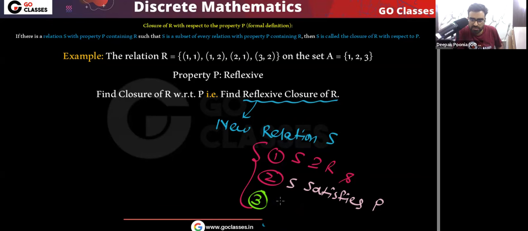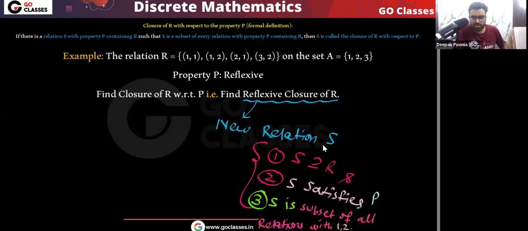Maybe I should write it in a cleaner way. S should contain R, S should satisfy property P, and the third thing is that S is smallest: S is a subset of all relations with these 1 and 2 properties.